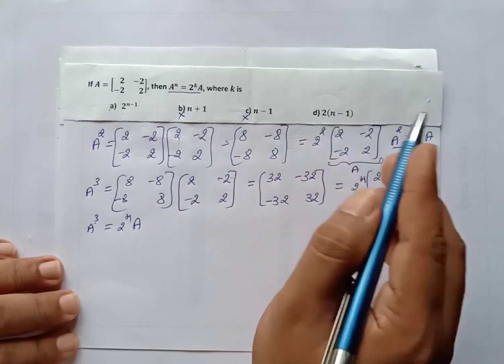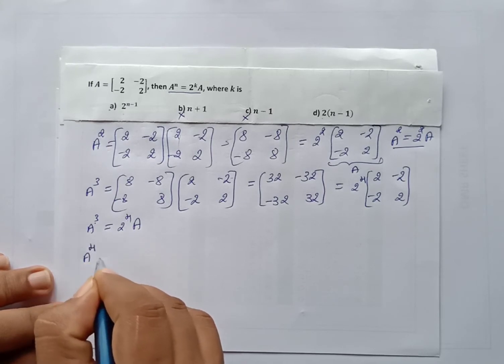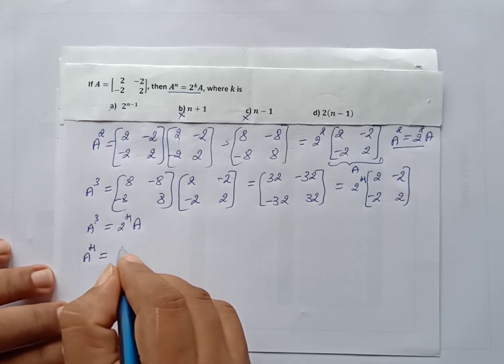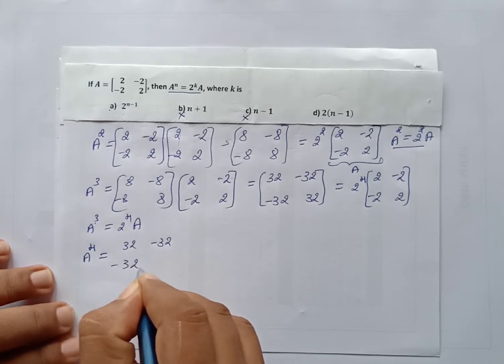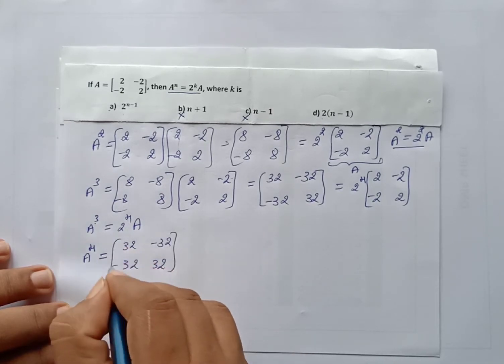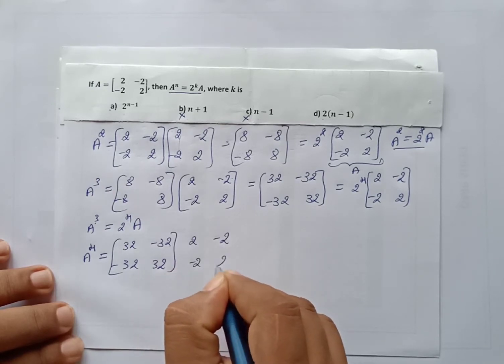So what can we do? Again go for n equal to 4. Calculate A to the power 4. See, very fast you have to calculate. 32 minus 32 minus 32 32, into A cube into A, 2 minus 2 minus 2 2.